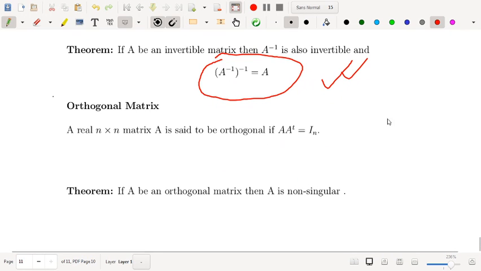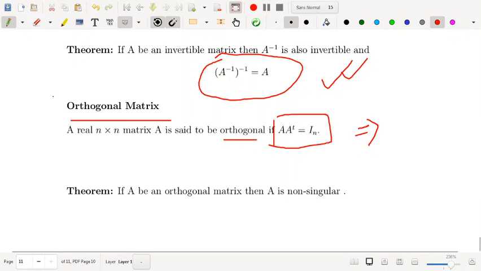Last but not the least, I will talk about the orthogonal matrix. Orthogonal means perpendicular. A matrix A is orthogonal if A into A transpose equals identity.